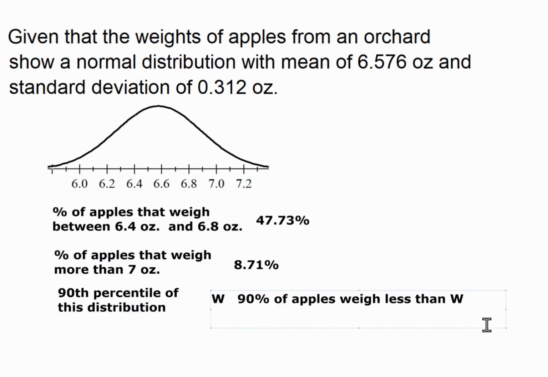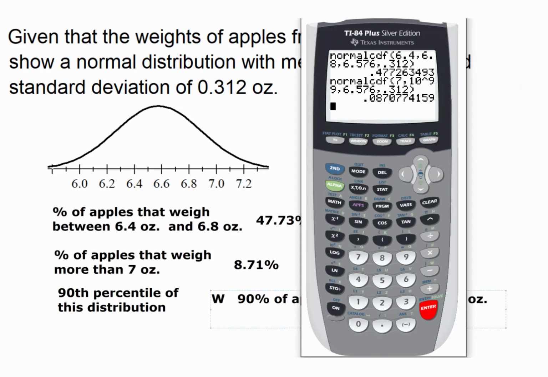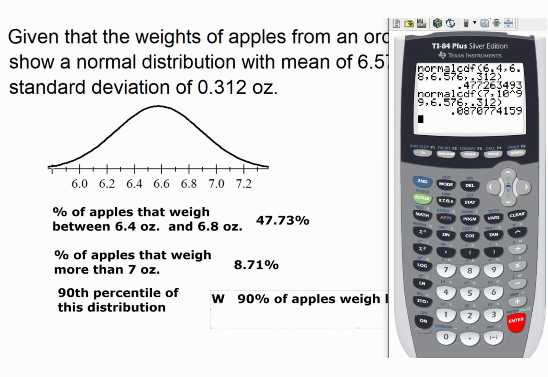That's what the 90th percentile will mean. So how would we proceed about it? In this case, we are given the area, and it says less than W. So we have 0.9 as the area to the left of W.